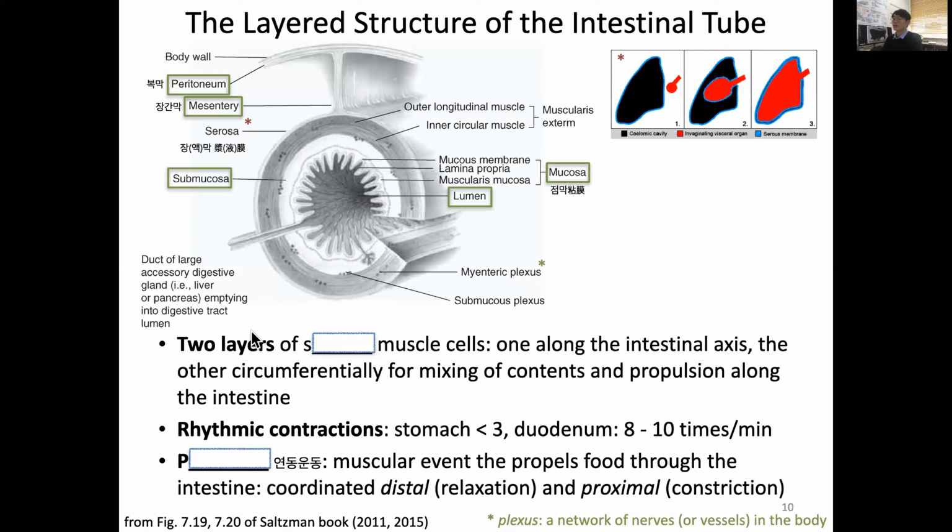These two layers are composed of muscles, and the outer side is called the serosa or serous membrane. This is a smooth tissue membrane consisting of two layers, inner and outer. And you can see these muscles, interestingly, have a two-layer structure, inner and outer, which we call the muscularis externa.